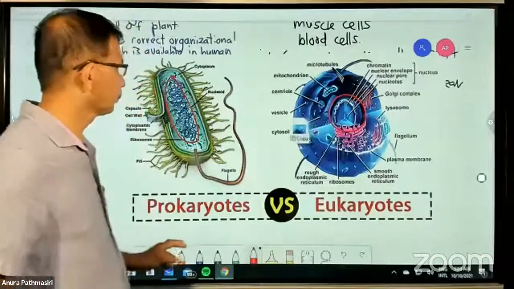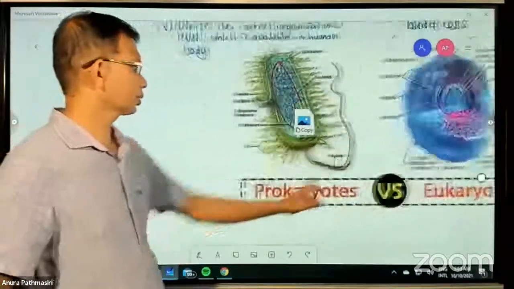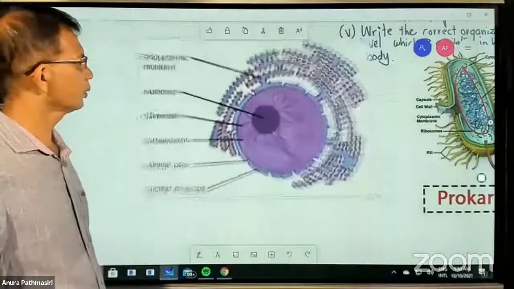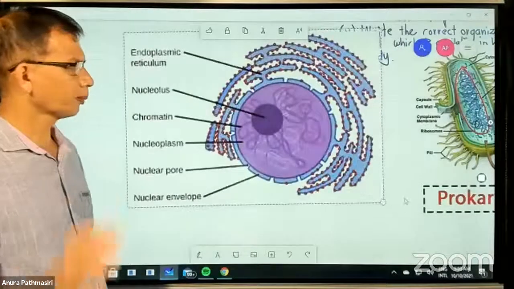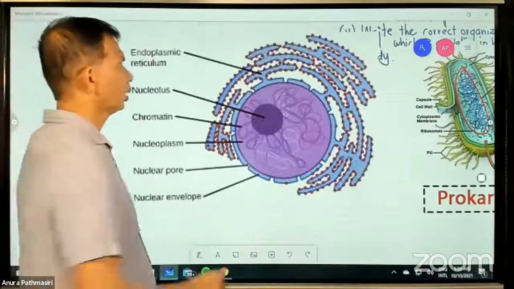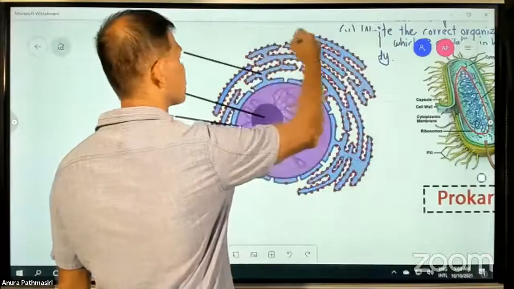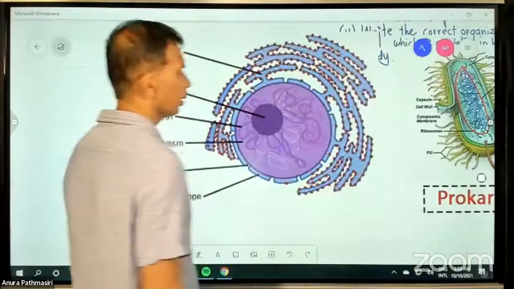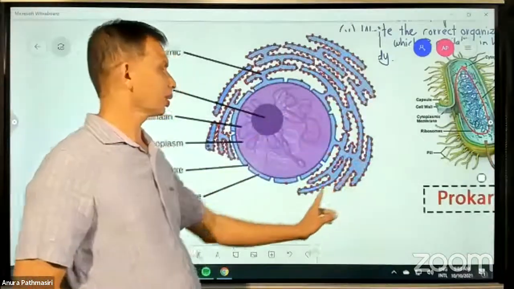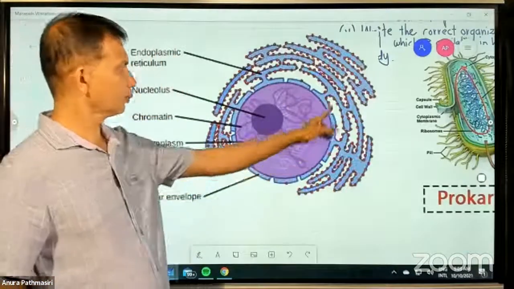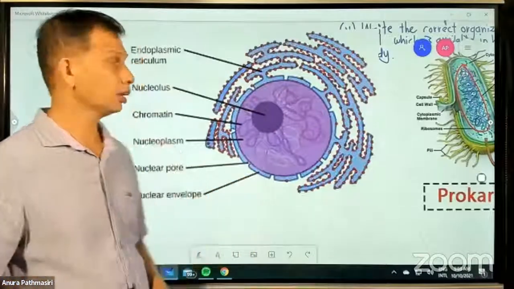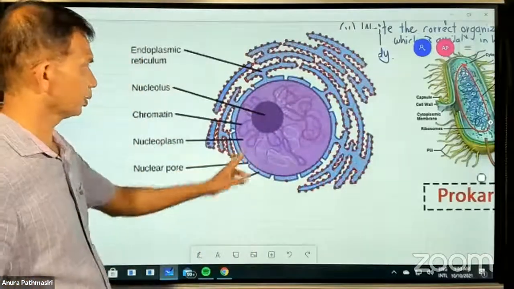It's a double membrane structure. The outer membrane is there to create the endoplasmic reticulum, ER, and the inner membrane is there to cover the internal part of the nucleus.